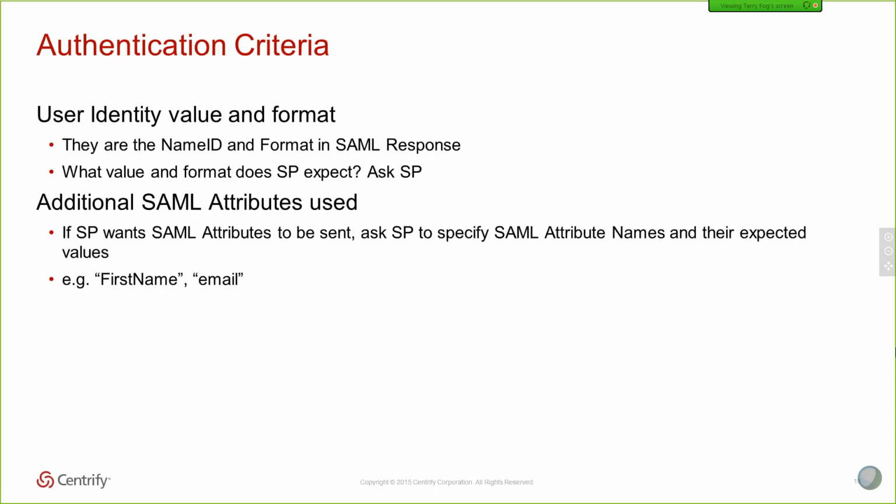Then in the script, we have to set that. For the syntax, we'll get to that later on. There are other formats such as persistent and transient. Only a fair few of them are used, but when they do use them, the SP is supposed to specify to us that they are looking for these formats, and we will set it accordingly.